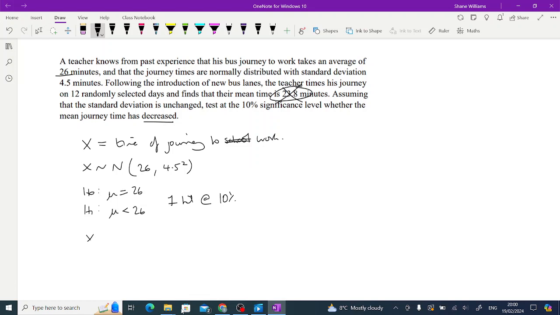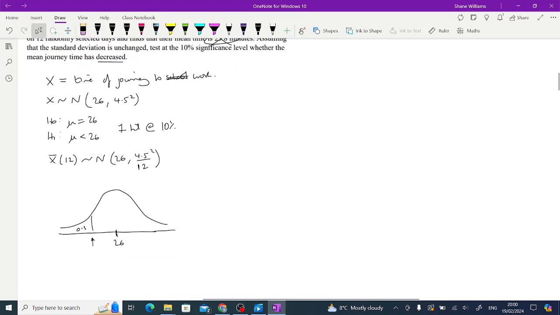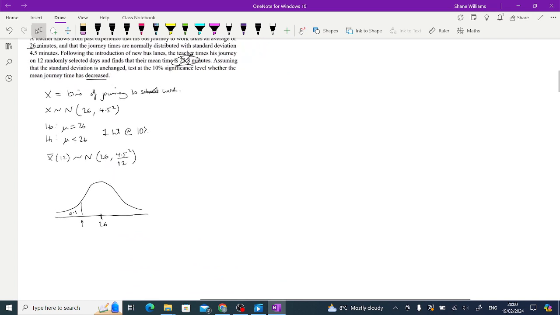So I'm going to state my x bar distribution. It's an average from 12 days, and that is normally distributed, 26, 4.5 squared over 12. I'm going to draw my distribution with a mean of 26, and it's a one-tailed lower end because I'm trying to see if it's decreased. I want that to be 0.1. So I'm going to do an inverse normal with an area of 0.1.